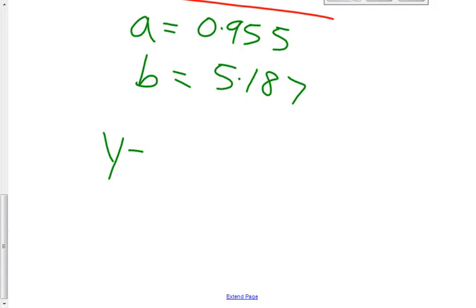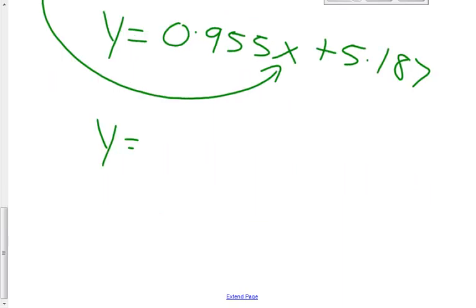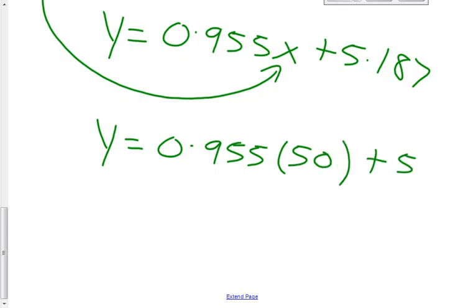So y equals mx plus b, or y equals ax plus b, 0.955x plus 5.187. And now we're going to make that prediction when x is 50. So that 50, substitute in for the x. y equals 0.955 multiplied by 50. Then add 5.187.